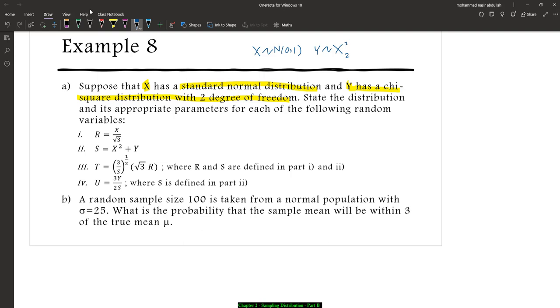We want to state the distribution and its appropriate parameters for each of the following random variables.